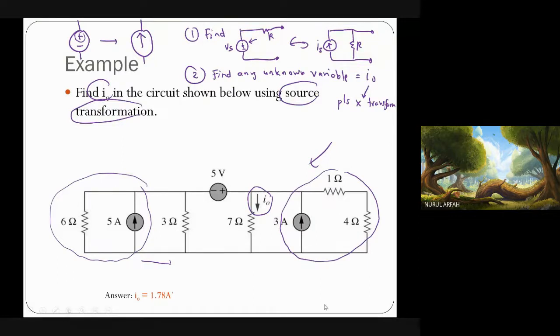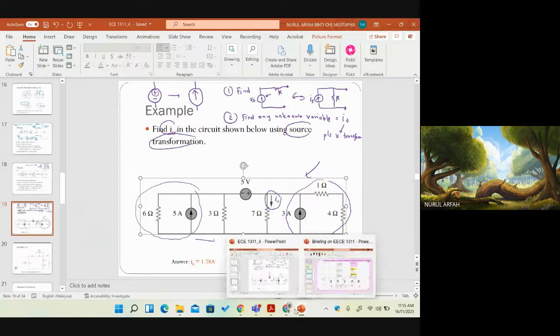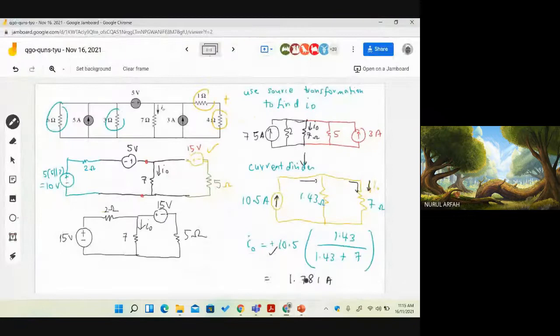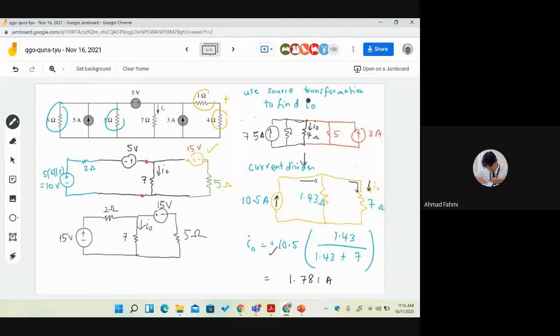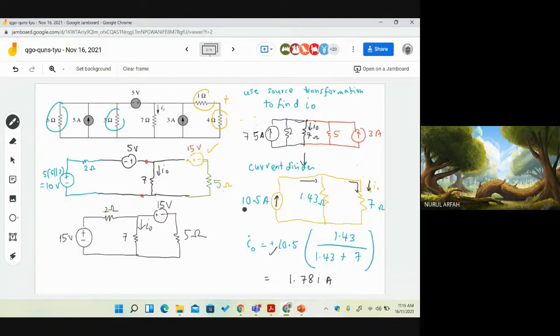Alright, ada soalan ke? Any question on this matter? Which part do you feel uncomfortable? Senang ke susah source transformation? Ramai orang suka source transformation. Boleh aja. Okay. Nanti lepas ni korang asyik pakai source transformation je. But do not do that.